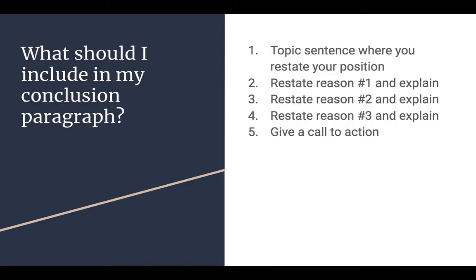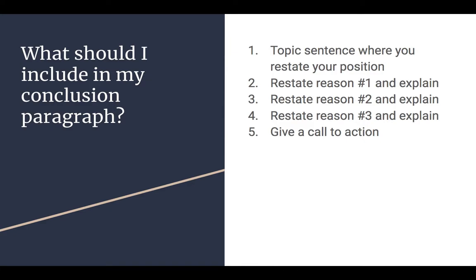The second thing you want to include is to restate your first reason that supports your argument and explain. And remember, these you can grab from your hook and thesis graphic organizer or from your outline too. The third sentence you will write will be restating the second reason that supports your argument and explain a little bit.